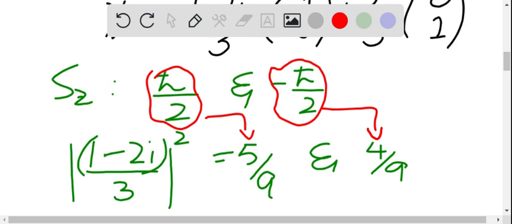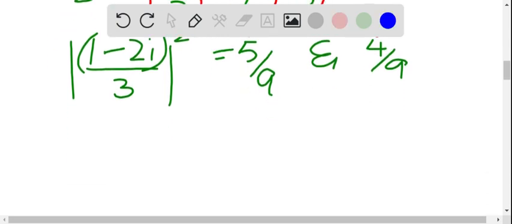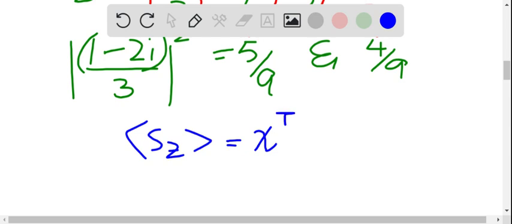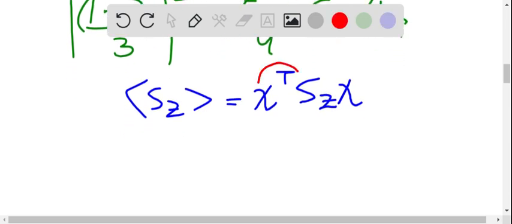Now we need to find the expectation value of S sub z. For that we are going to use the equation that the expectation value of S sub z is equal to chi dagger, S sub z, chi. So we need to write down the value of chi dagger.